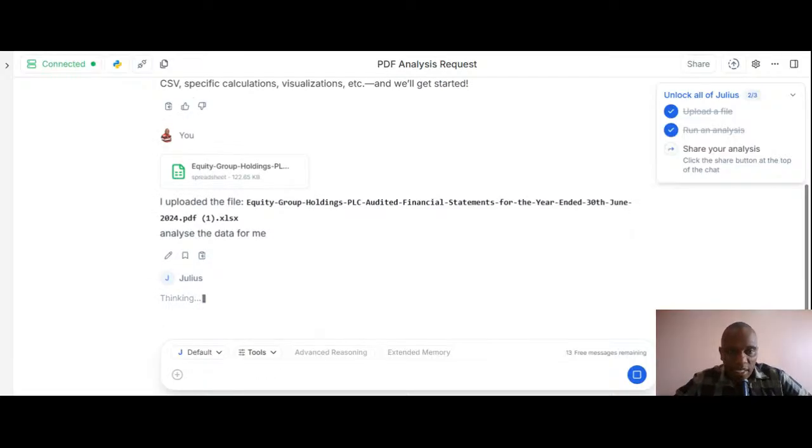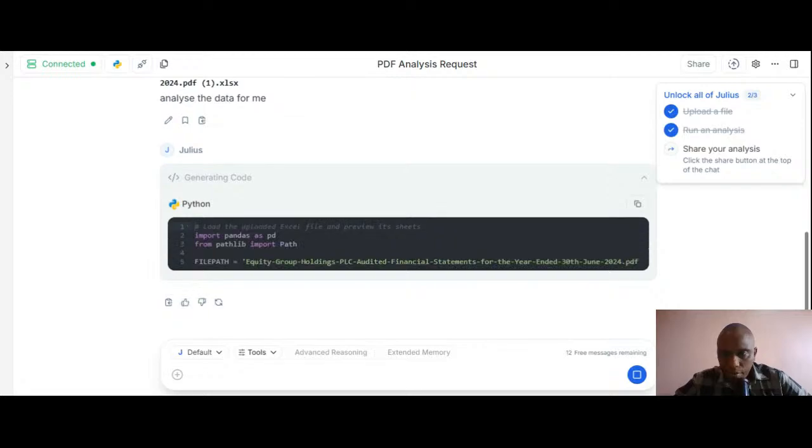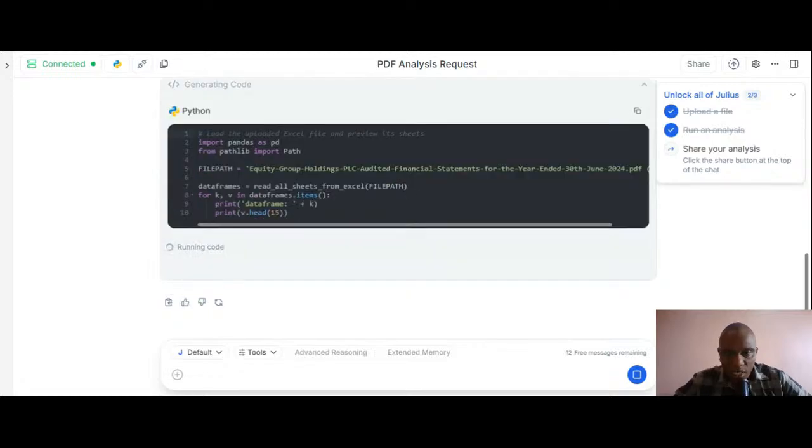So you can see the system is thinking. We are waiting for the results that we are going to get from the system. You see it has started working.